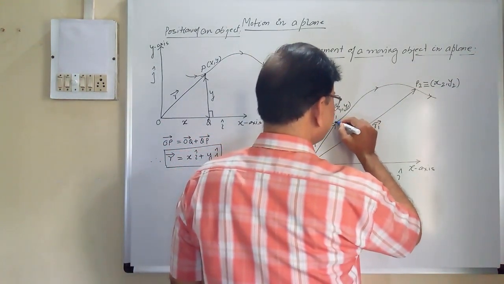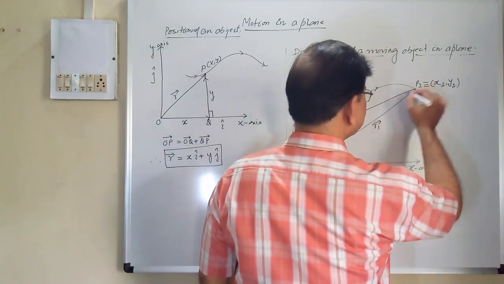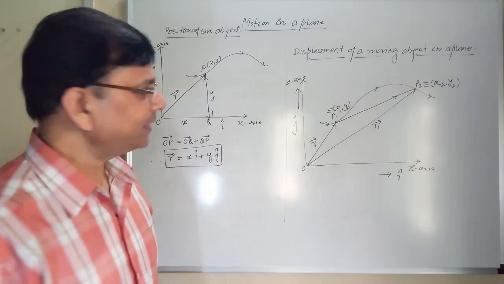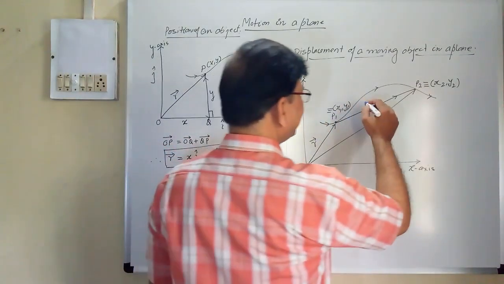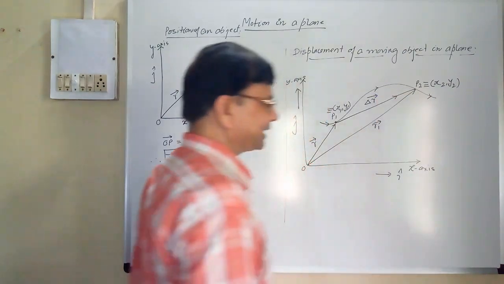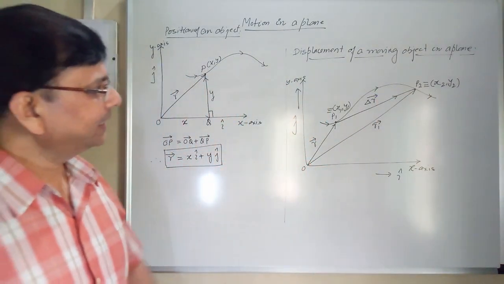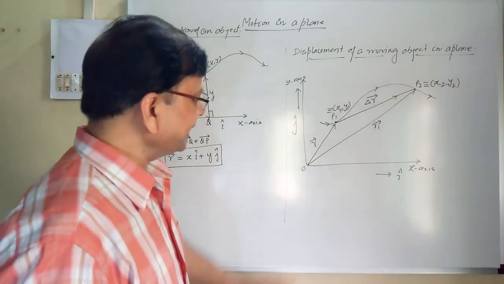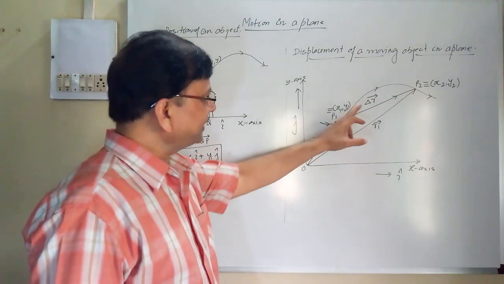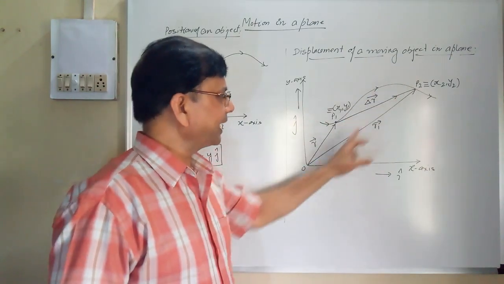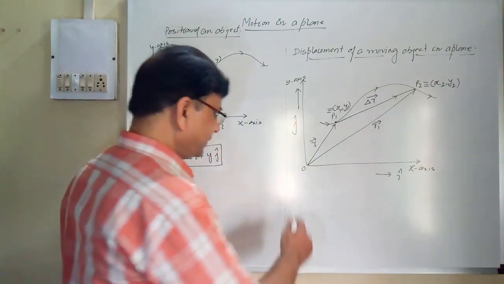So the displacement is this. Straight, we have joined. So this is the displacement, right? Let this displacement be delta r in vector form. This is the displacement from P1 to P2. So we can write r plus delta r is equal to r1, that is the triangle law of vector addition.